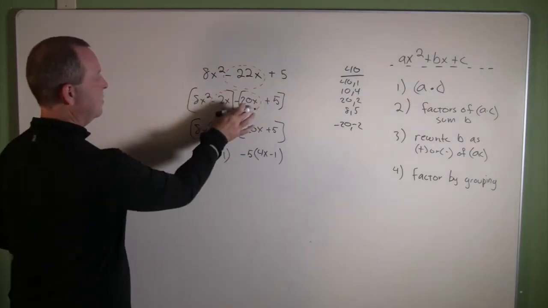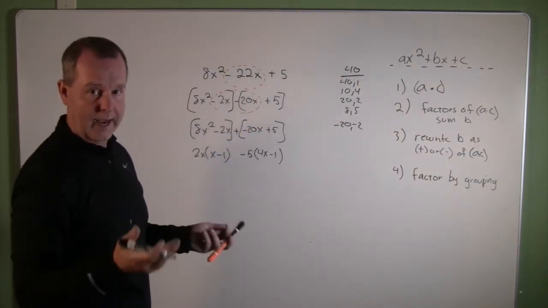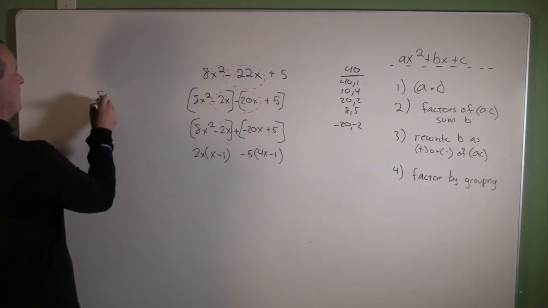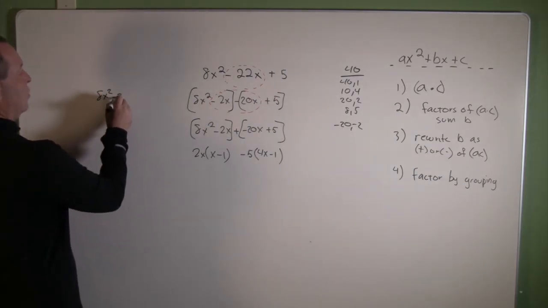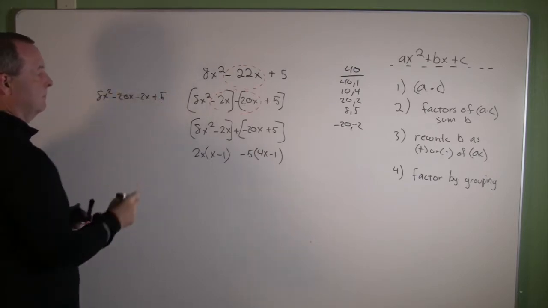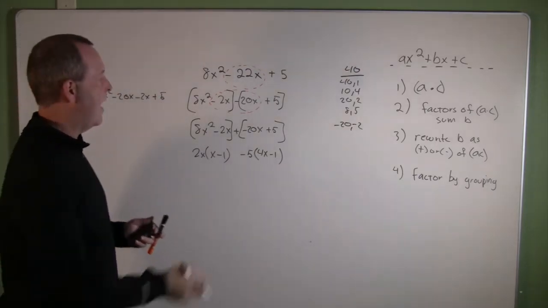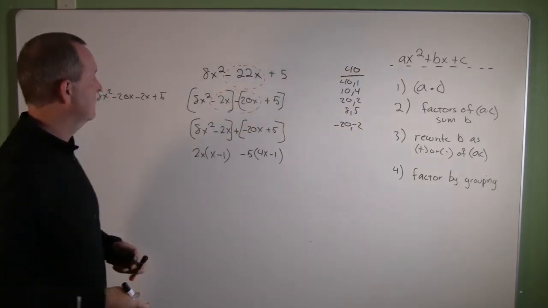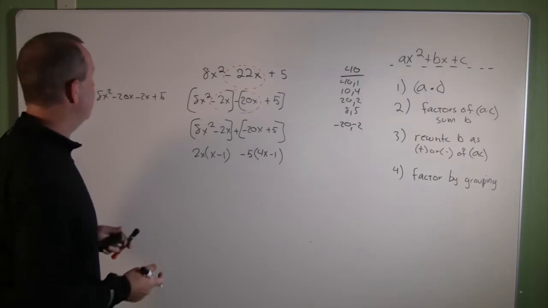It could have been that these two terms I put in differently, like I mentioned. If I did that, I would have had an 8x minus a 20x minus a 2x plus a 5. Some of you are asking me right now, well, why did I choose this versus the other? No particular reason. Sometimes we might need to try them both.